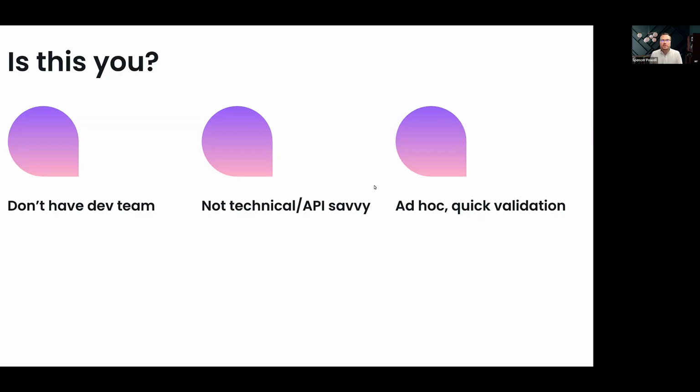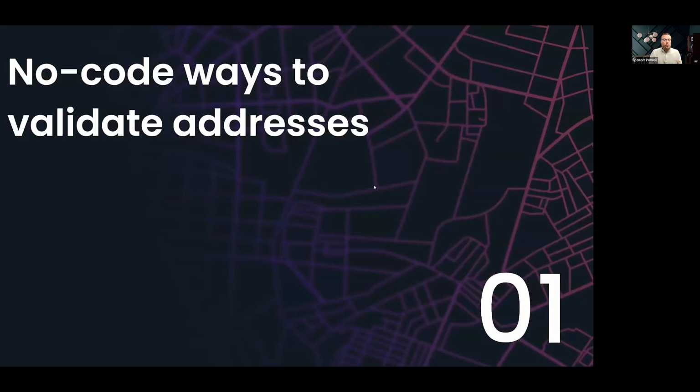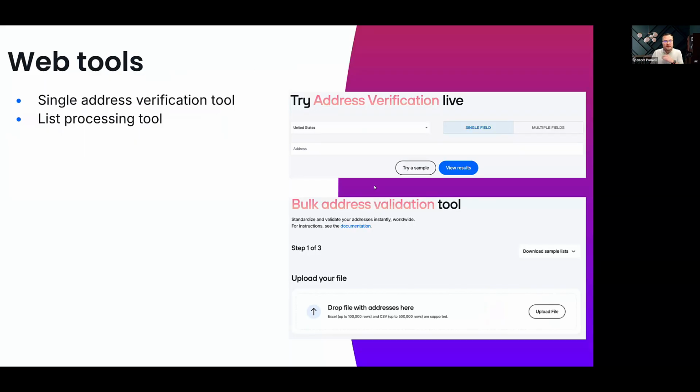So there are actually lots of ways that you can get the value of Smarty without having to go straight to the APIs. So we're going to talk about our no code or low code ways that you can validate your addresses. I'm going to start with two of our most popular ways within our web tools.